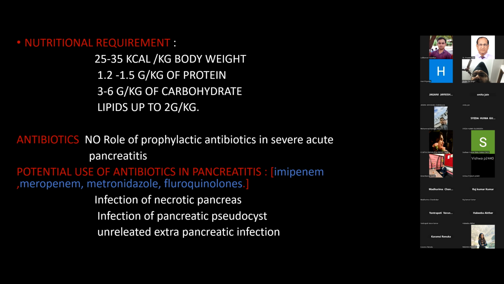But there is no role of prophylactic antibiotics in pancreatitis. So the indications may be any infection of necrotic pancreas, infection of pancreatic pseudocyst, or unrelated extra-pancreatic infection. And the antibiotics most commonly used are imipenem, meropenem, metronidazole, and fluoroquinolones.